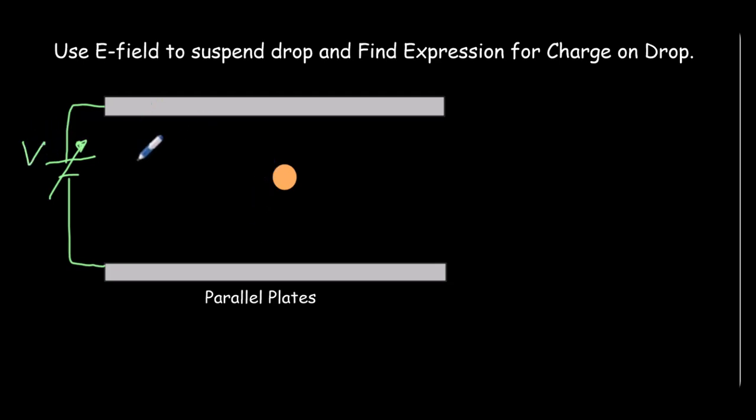The electric field would just be given by the voltage across the plates divided by the distance. What we're going to try to do is change that electric field so that we get the drop to be suspended. If it is suspended, we know the forces must balance, and the two forces acting on the drop would be the weight of the drop and that electric force upwards. So they're going to have to be equal and opposite.